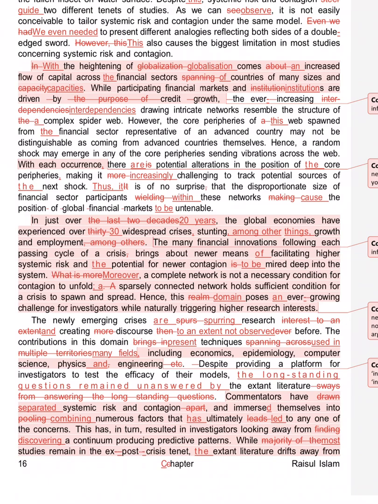The financial sector spanning countries of many sizes. Not a necessary word. The financial sectors of countries of many sizes. Instead of using spanning, just simple of. And capacities.